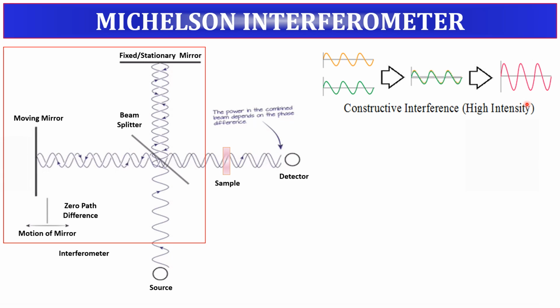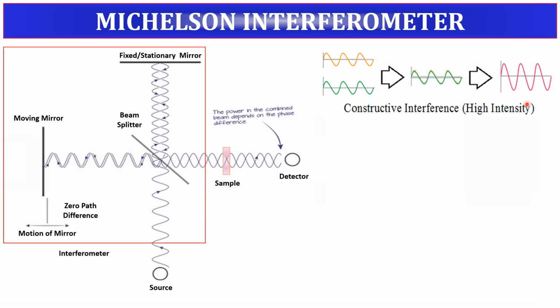Now what is optical path difference and destructive interference? Since the moving mirror can move, it is not always at zero path difference. In this case, light travels an extra distance. The wave at the stationary mirror remains the same, but the wave going to the moving mirror has traveled an extra distance. Now there is a travel path difference between the two waves.